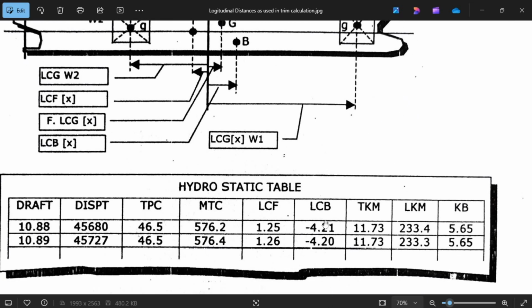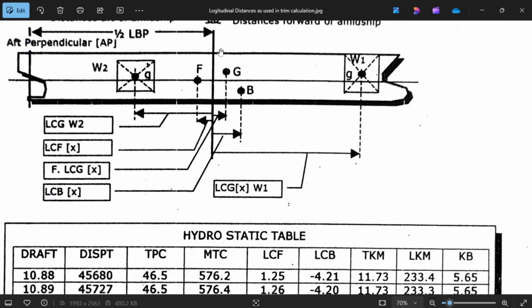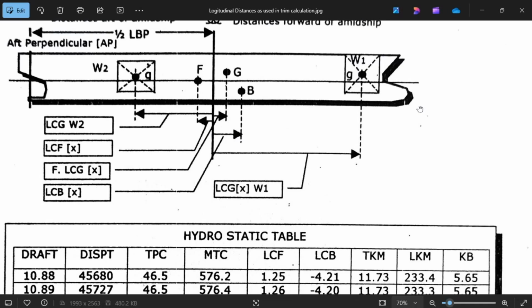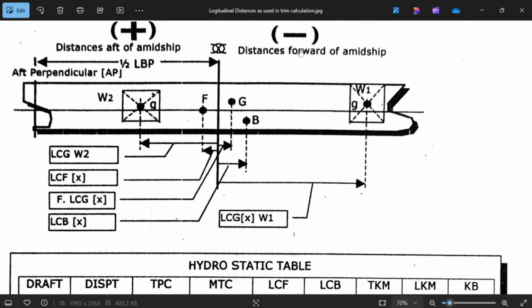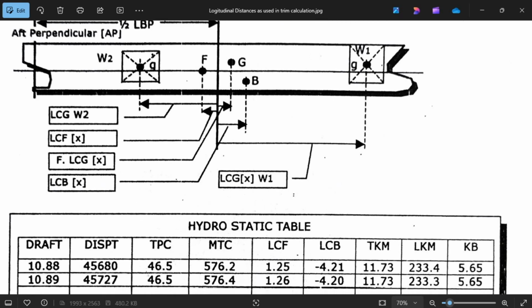Why? Because when you say negative, it is the forward part of the vessel, somewhere around here. So what is this LCB? Here LCB is in the forward part of the vessel, from amidship going forward, and this will be your center of buoyancy. Then the sign would be negative.